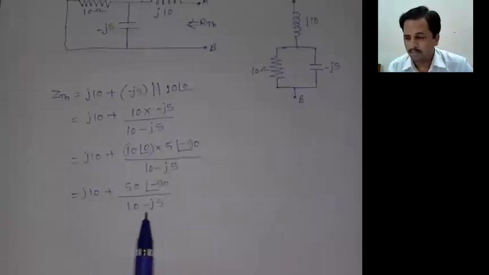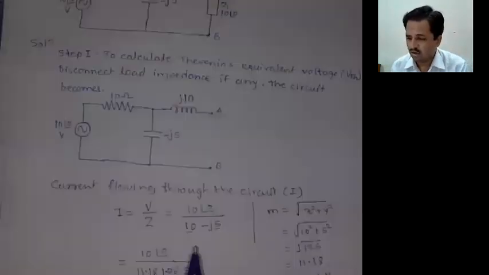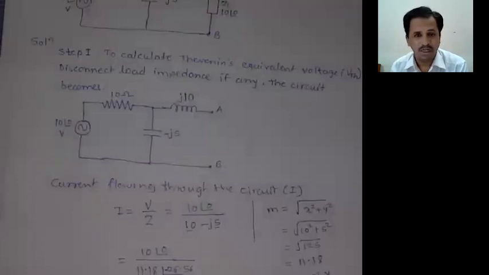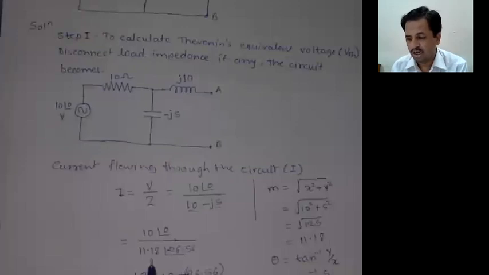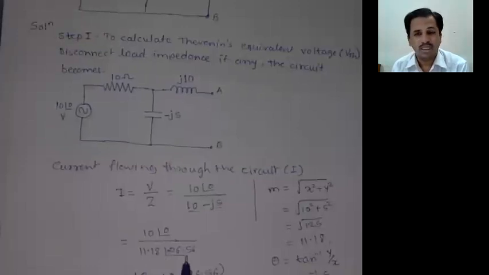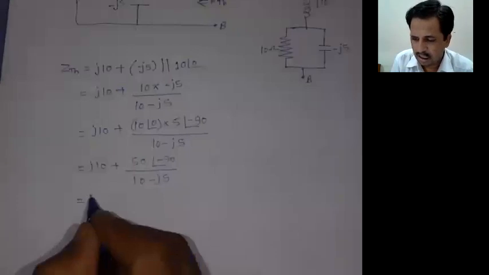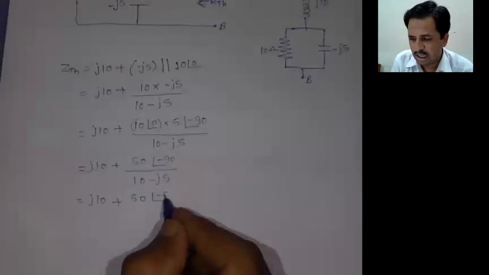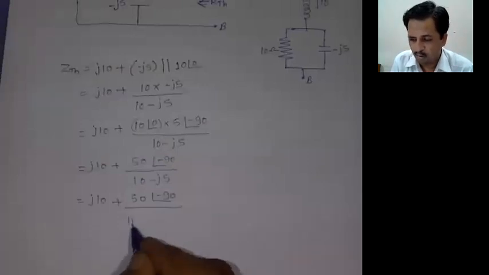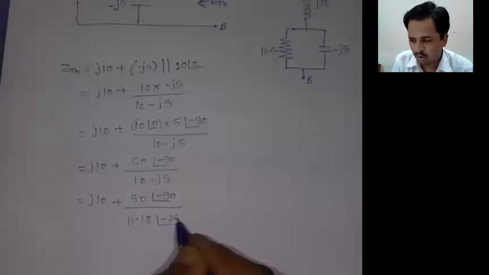For this 10 minus j5, we found earlier that it is represented as 11.18 with angle minus 26.56. I write the same value here: j10 plus 50 with angle minus 90 degrees upon 11.18 with angle minus 26.56.